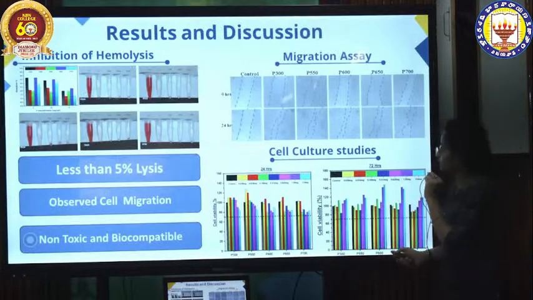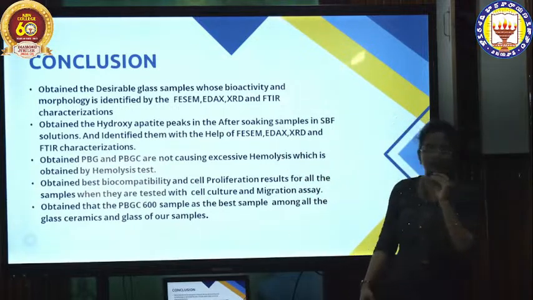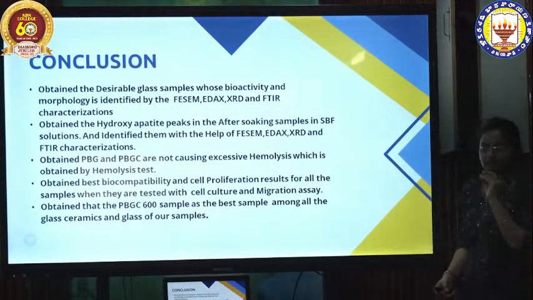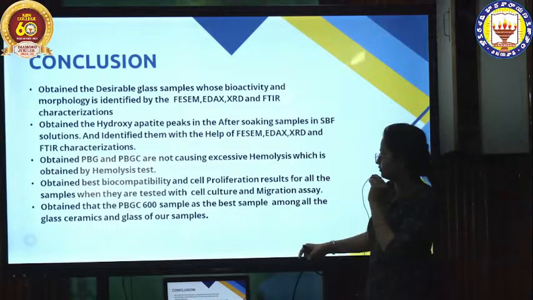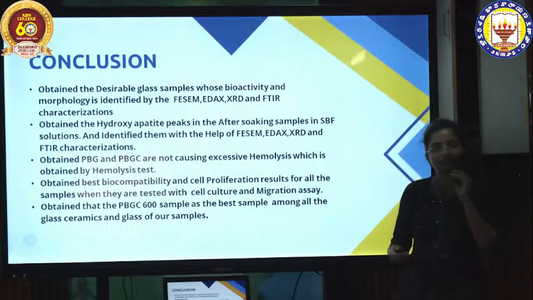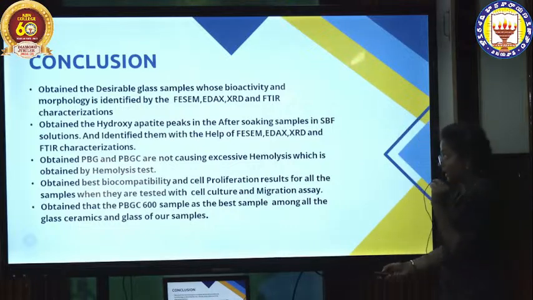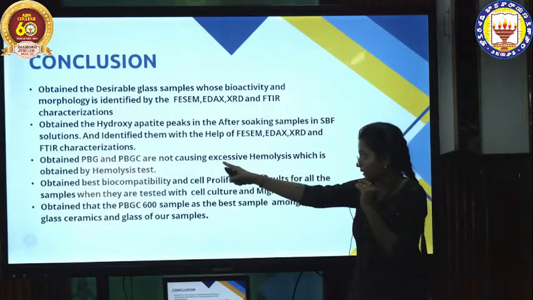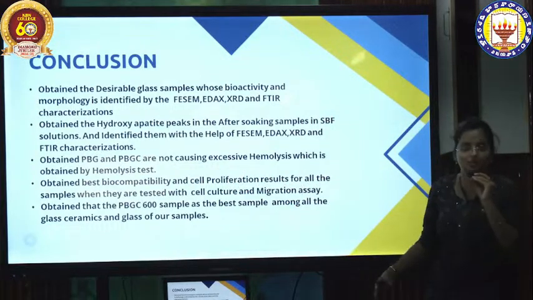With this I conclude that I have obtained the desirable glass samples, whose bioactivity and morphological studies were identified by XRD, SEM, FTIR and EDAX. I have also obtained the hydroxyapatite peaks and bonds through the characterizations, and I have obtained that the PBG and PBGCs do not cause any excessive hemolysis.